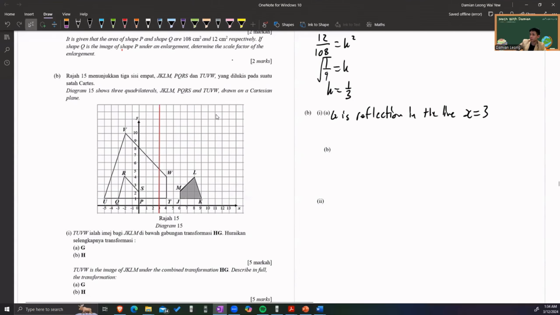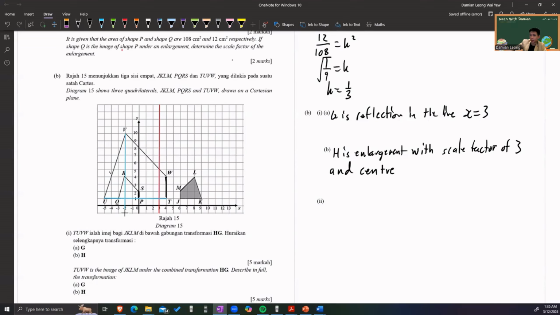So x equals 3. H is changing size, an enlargement with scale factor of, the scale factor here is 1, here is 3, so 3 over 1 means 3. And the center of enlargement: this line connects the object and image, and this line as well.